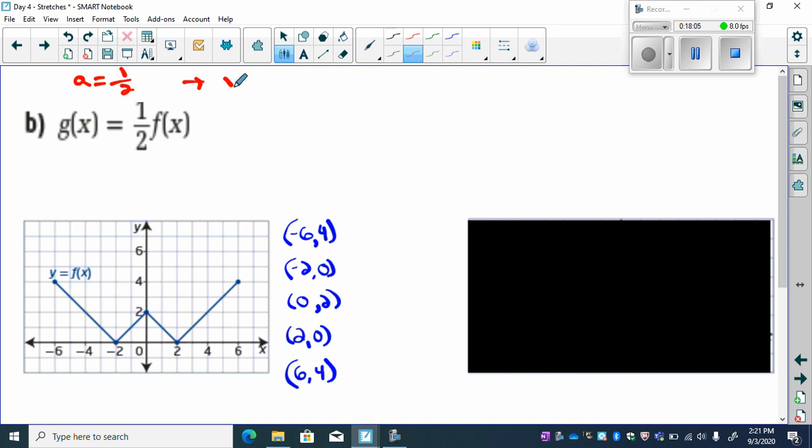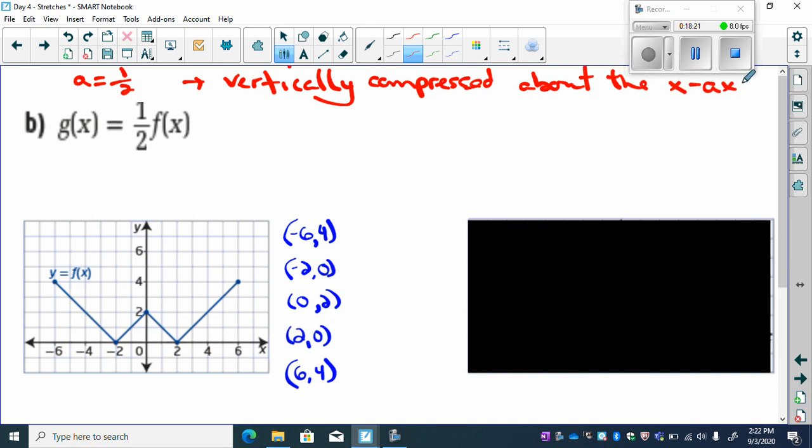Okay, but I would say this is vertically, instead of saying stretched, it's probably more appropriate to say vertically compressed about the x-axis. So vertical reflection and vertical stretch are in the x-axis, and it's by a factor of 1/2.